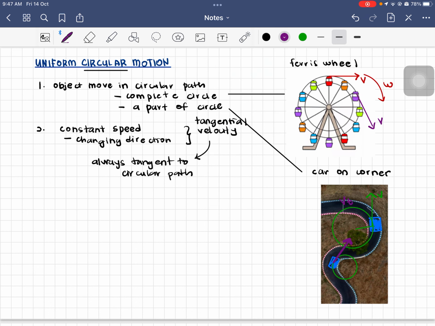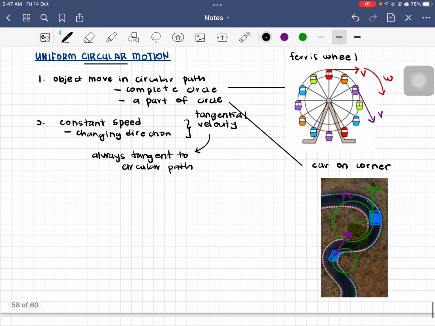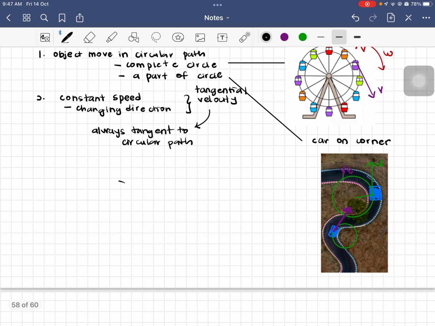Okay, because of this motion of the changing of the direction, kita katakan awak punya velocity is changing. For example, kalau kita ada this one as our circle, and let's say we have here as our tangential velocity.